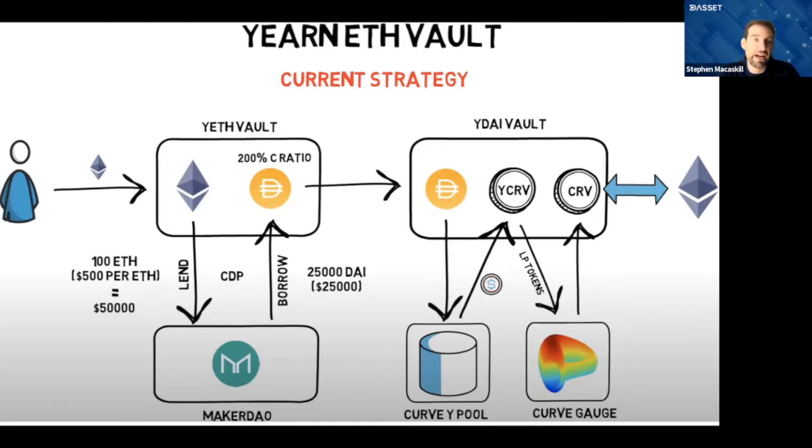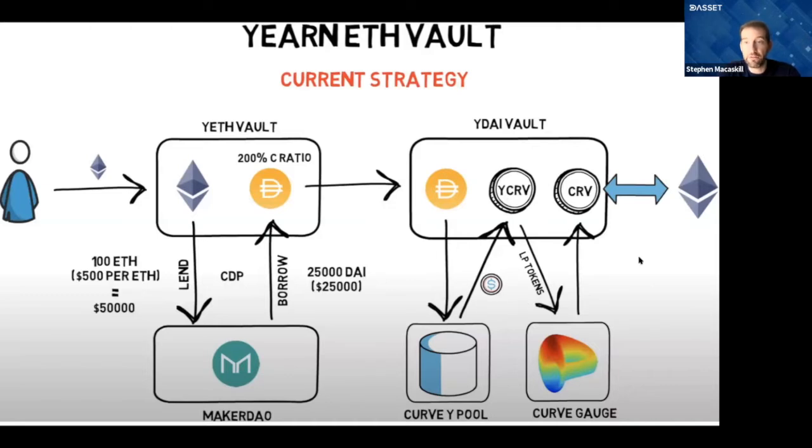But basically how it works is you deposit ETH into the vault. The ETH is then sent to MakerDAO to essentially borrow a stablecoin. So the ETH is used as collateral to borrow DAI as a stablecoin. That stablecoin is then transferred into a second vault, and this second vault has its own vault strategy.